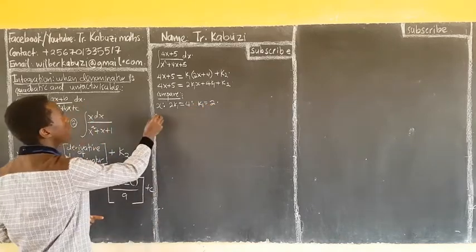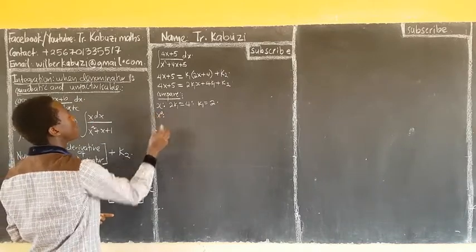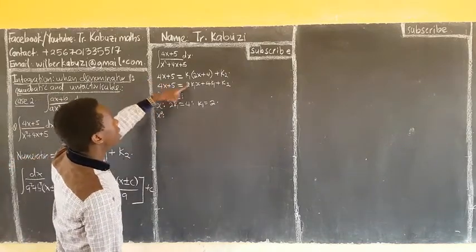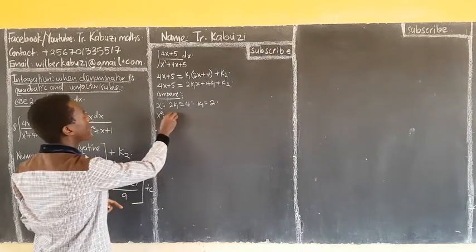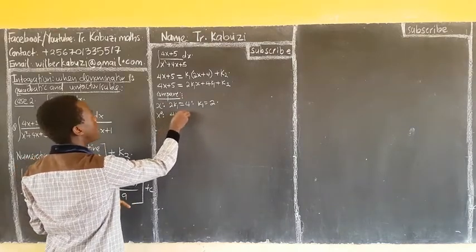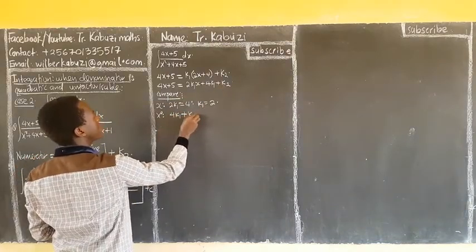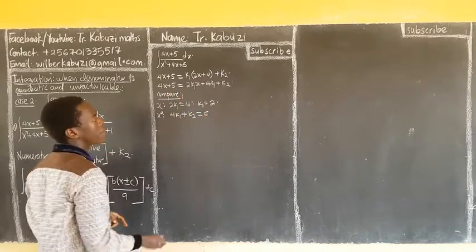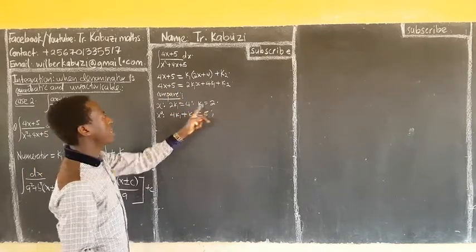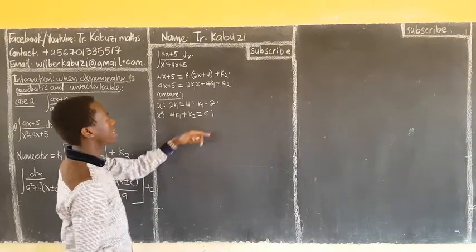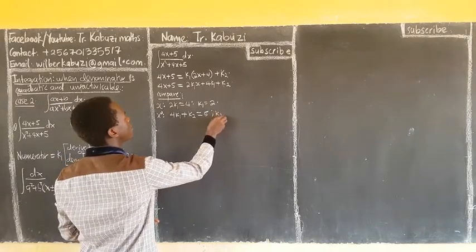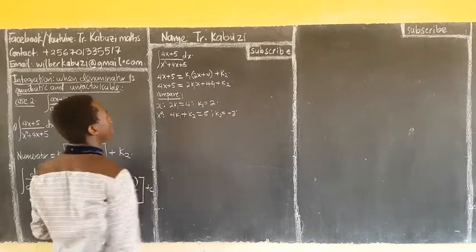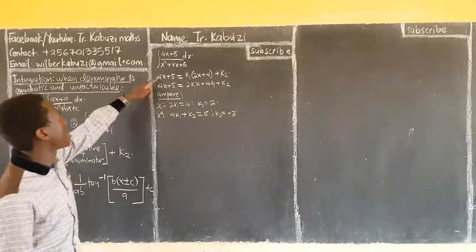If I compare the constants, x power 0, this side I have 4k1 plus k2, equaling the constant on this side, which is 5. From there, because k1 is 2, this will be 8; moving it to the other side, k2 will be negative 3.